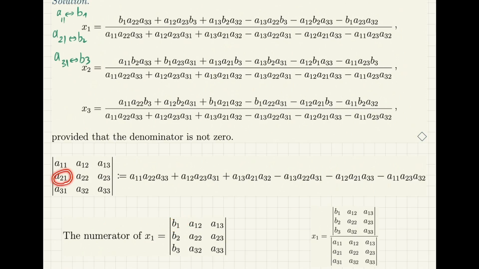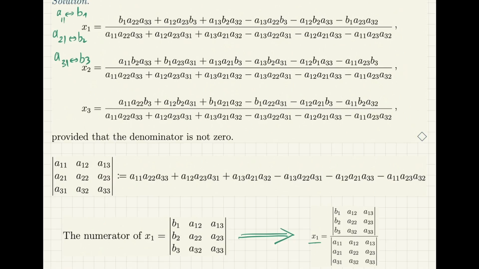Instead of a21, I put b2. And instead of a31, I put b3. So what I get here is exactly the numerator of x1. So this implies that the x1 that I am looking for is the numerator of x1, which is this expression, divided by the denominator of x1, which is this expression, and this is equal to that. Yes?